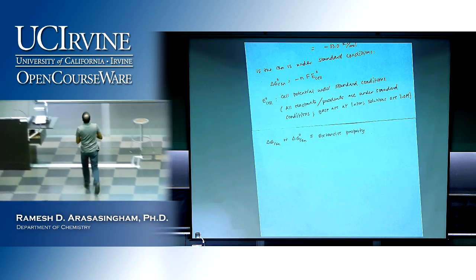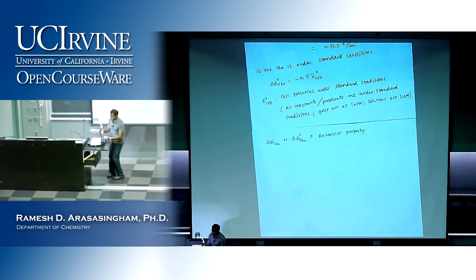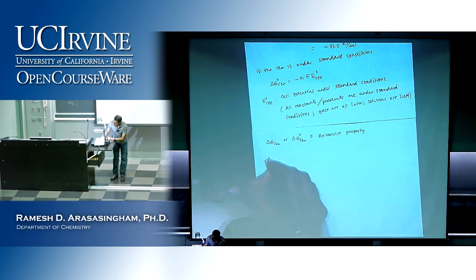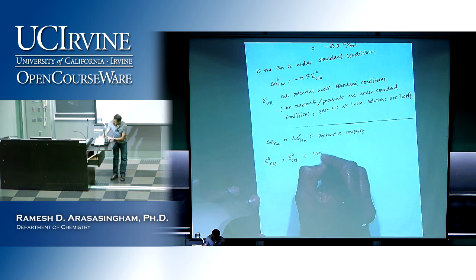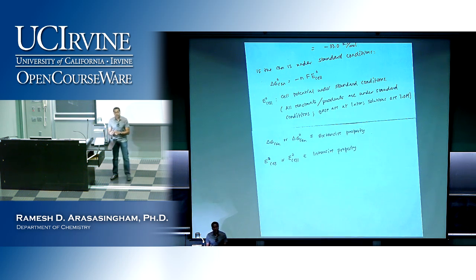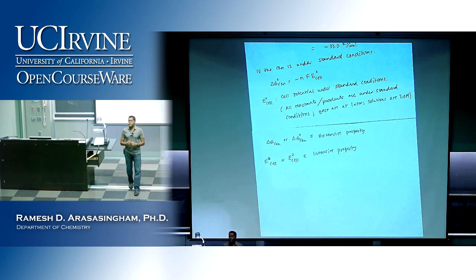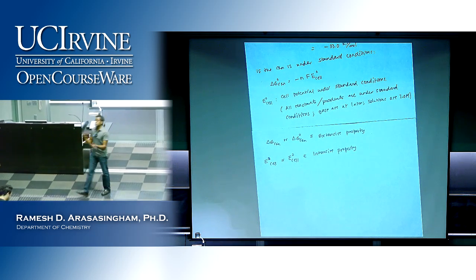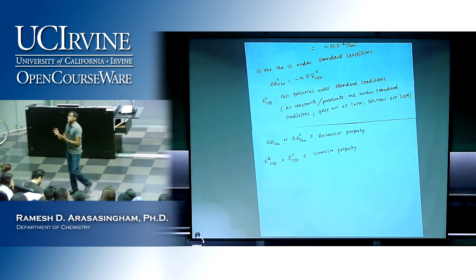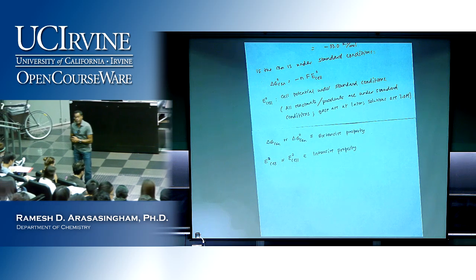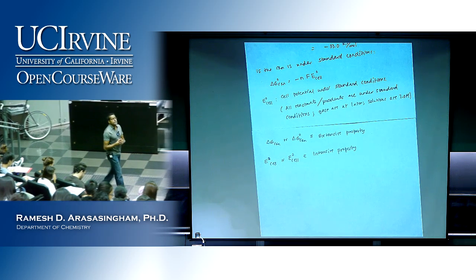But when we deal with potentials, if you take E cell or E naught cell, this is an intensive property. So even if you change the coefficients in a balanced equation and you double them, the cell potential does not change. An intensive quantity is like density.